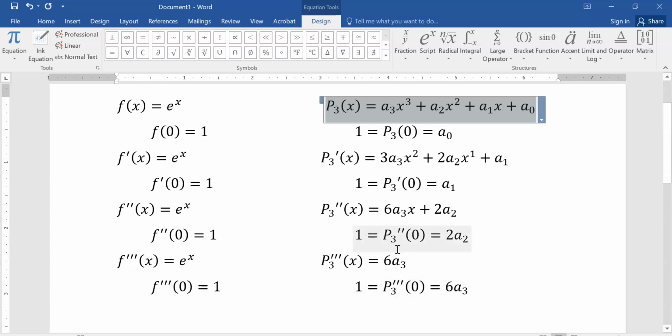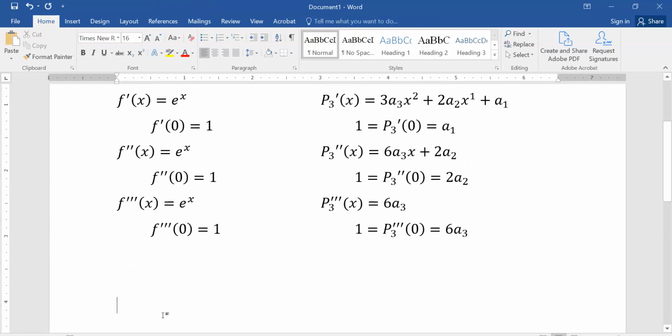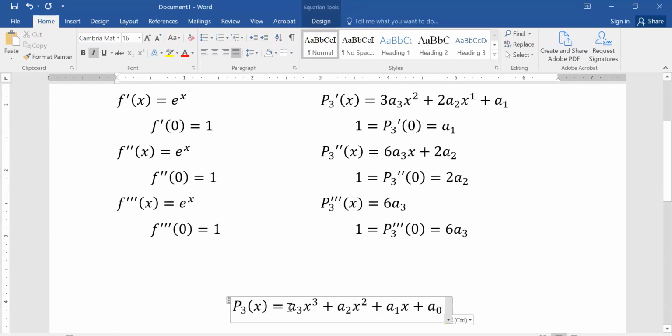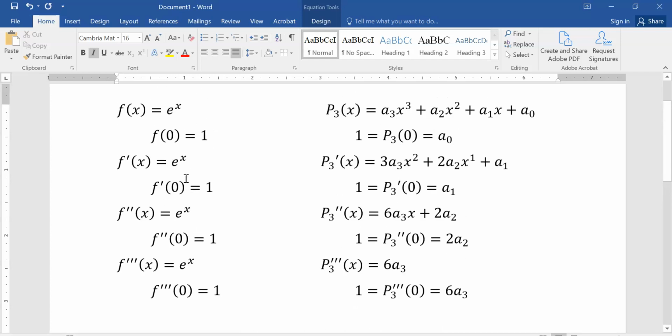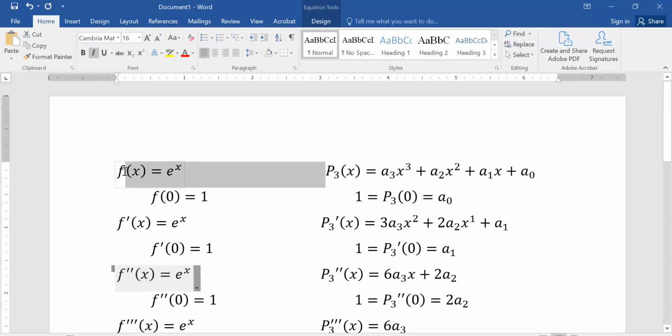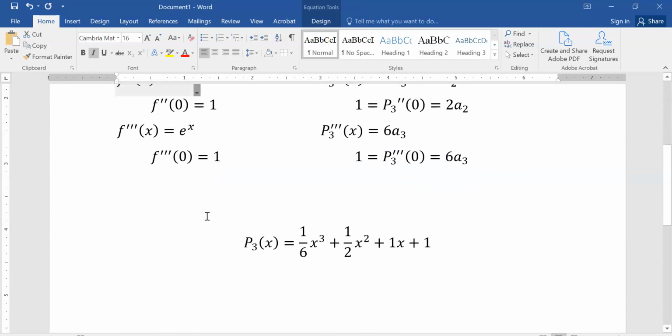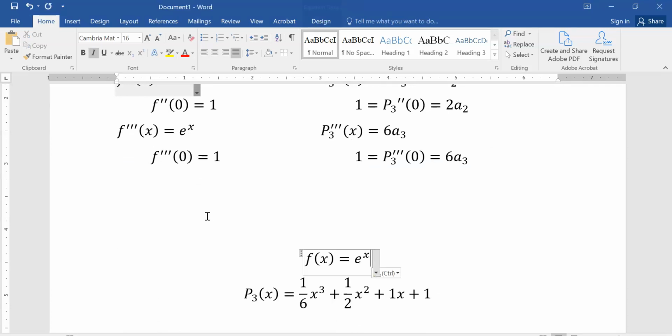So that original polynomial is forced to be 1/6 times x to the third plus 1/2 times x squared plus 1x plus 1. And so e to the x, my original function, can be approximated by that polynomial of degree 3.